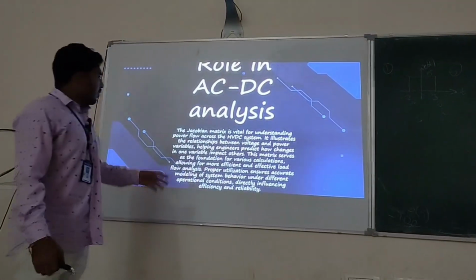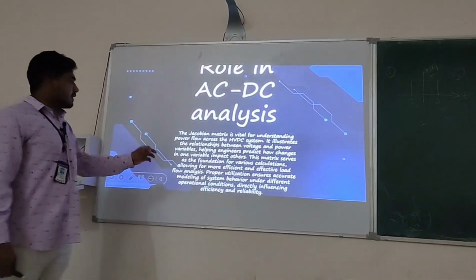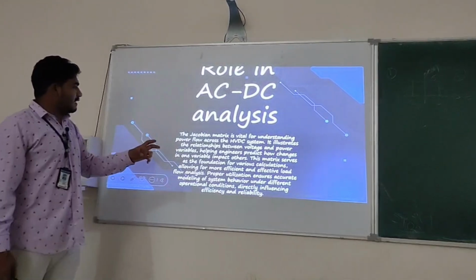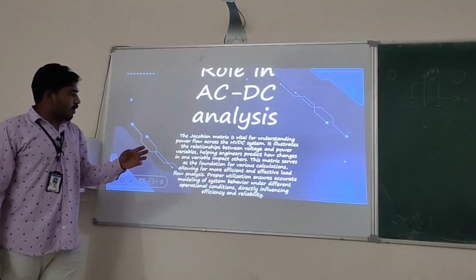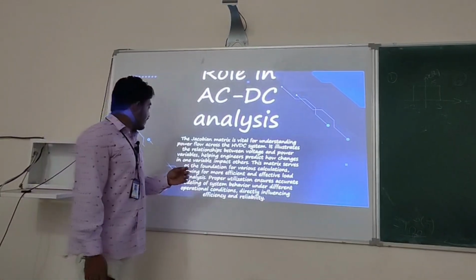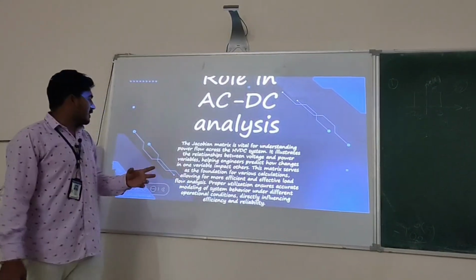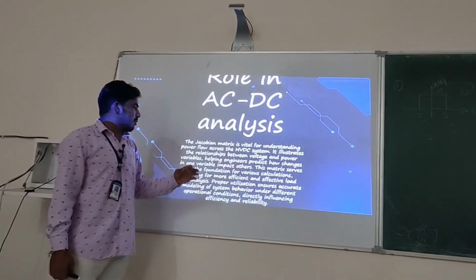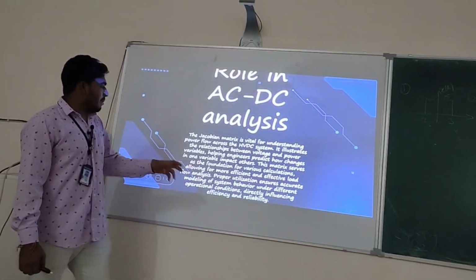Why are we using it? The Jacobian matrix is vital for understanding the power flow across the HVDC system. It utilizes the relations between the voltage and power variables, helping engineers to predict how changes in one impact others.